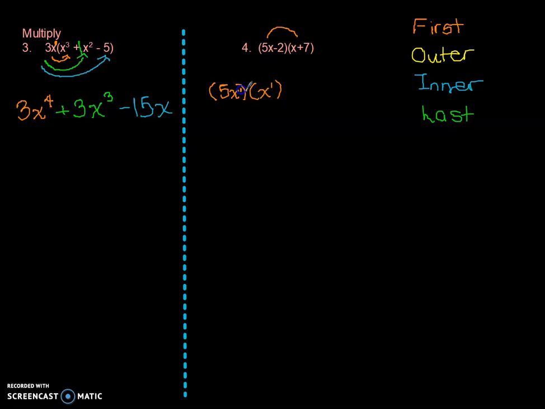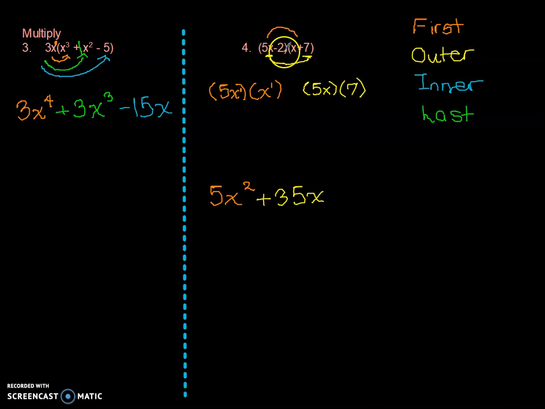So remember, this is both x to the first power, and when I multiply like bases, I add their exponents, giving me 5x to the second power. And then outer, the two on the outside, 5x times 7. So if I take 5x times 7, that would give me positive 35x.